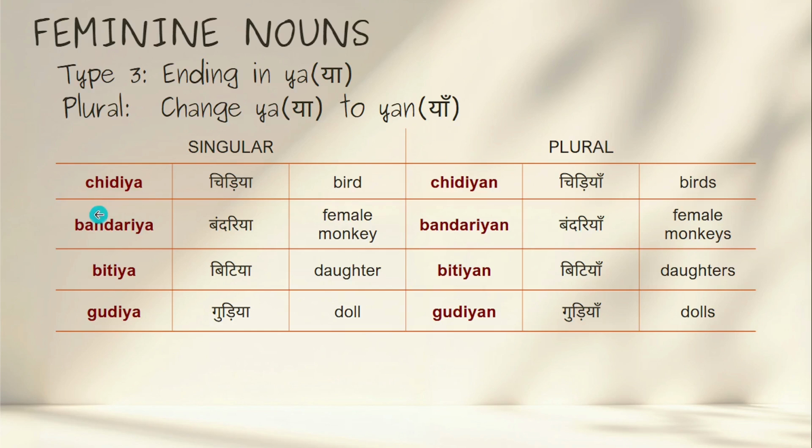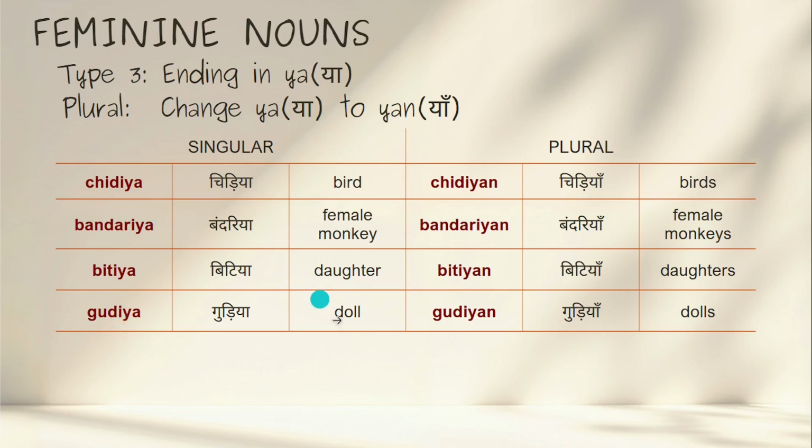Bandariya means a female monkey. A male monkey is called bandar. So bandariya is female monkey. Bandariyan is the plural. Bitiya is a cuter name for daughter. Bitiya, bitiyan, daughters.